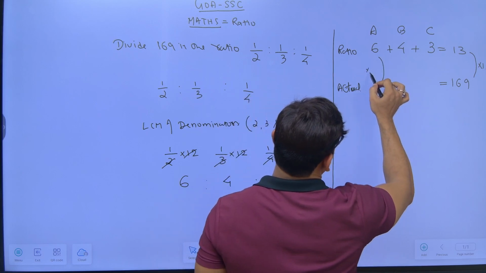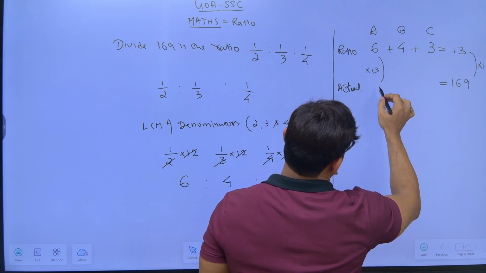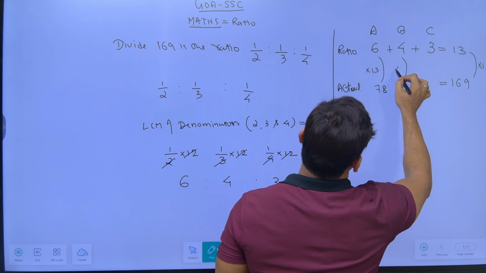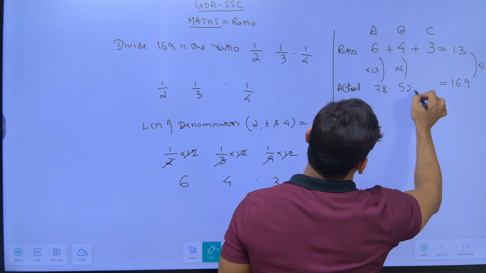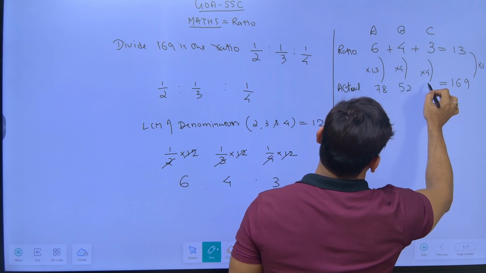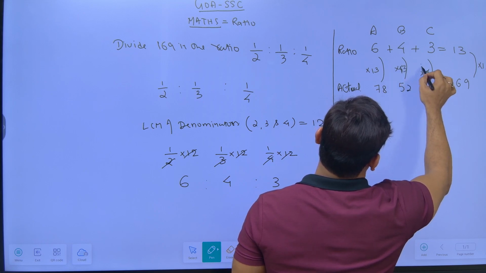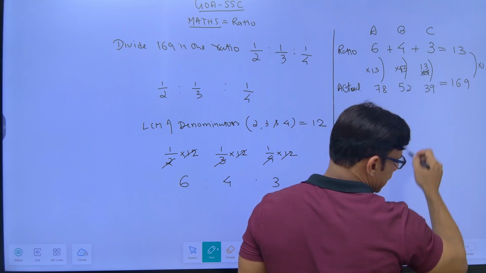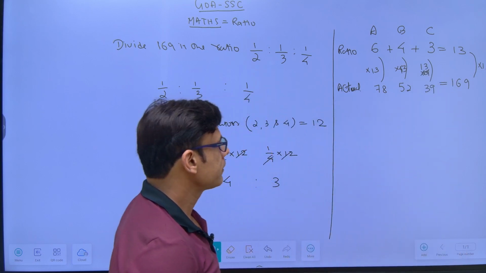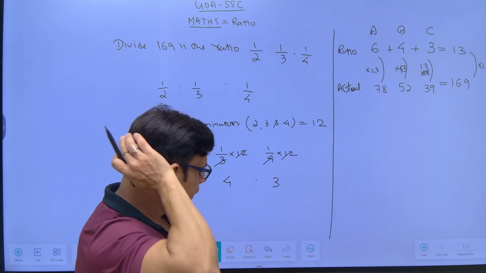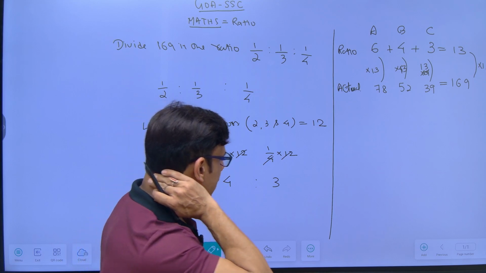You multiply 6 also with 13. 13 6s are 78. 13 4s are 52 and 3 13s are 39. So you'll get the answer. That is how you can find out the individual values.